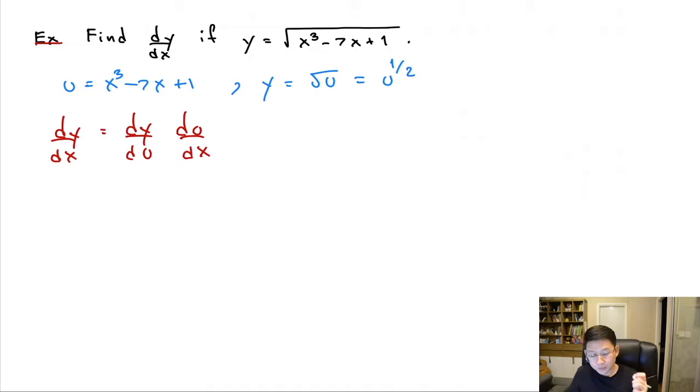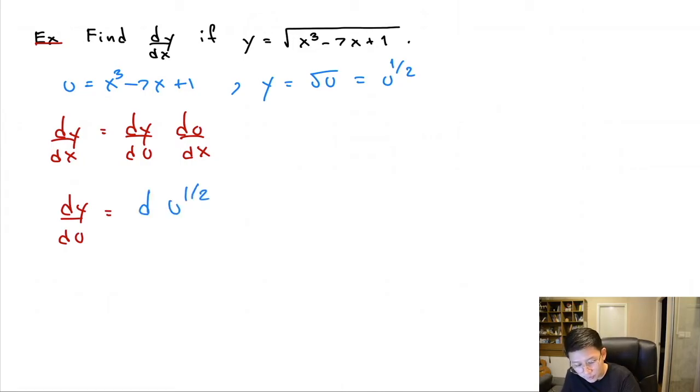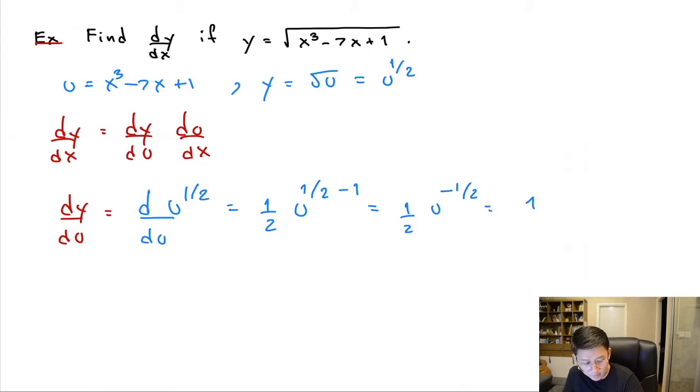Okay. So guys, what is dy by du? y is u to the power of 1/2, so dy by du is 1/2 u to the power of 1/2 minus 1, which is 1/2 u to the power of minus 1/2, which is 1 divided by 2 square root of u.